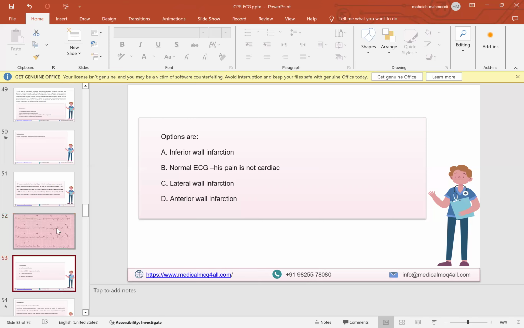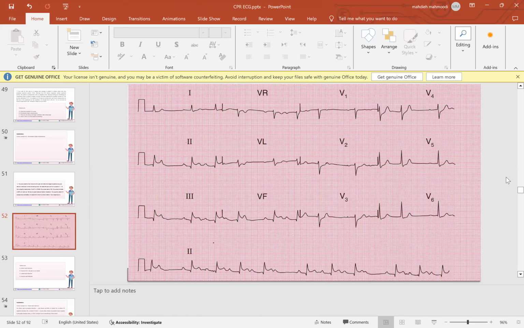Mostly are saying inferior wall infarction. When we say inferior, which leads do we mean exactly? Yes, we're talking about leads 2, 3, and AVF.